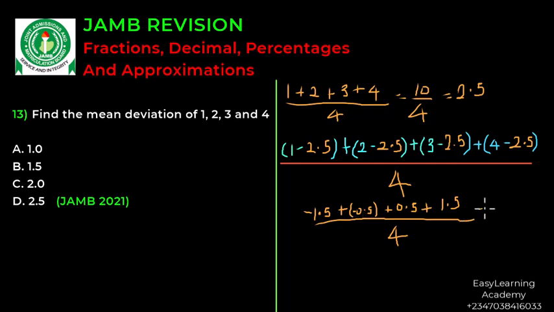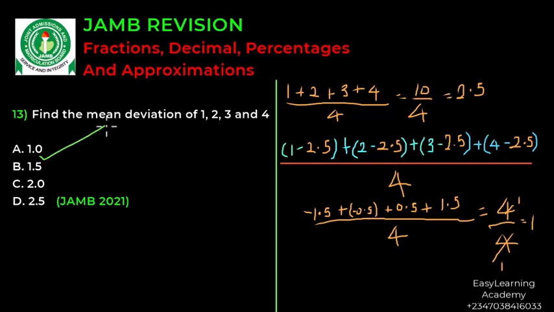It's going to give us 4, and we are going to divide it by 4. 4 will cancel itself one time, so the mean deviation there will be 1. So let's come to our options and check. Which one is correct? If you had 1.0 as your answer, then you're correct. The correct option is option A.